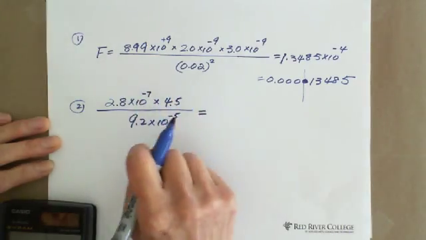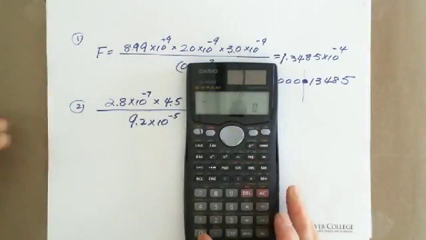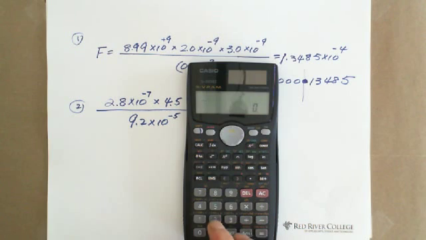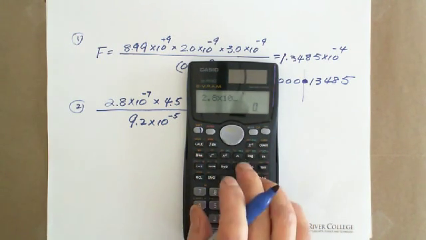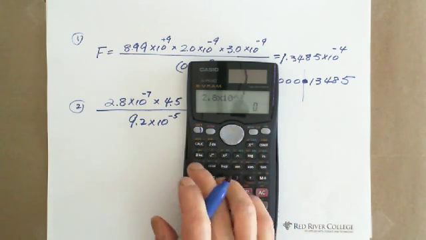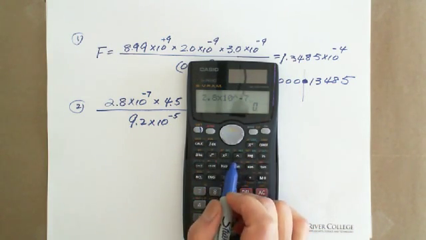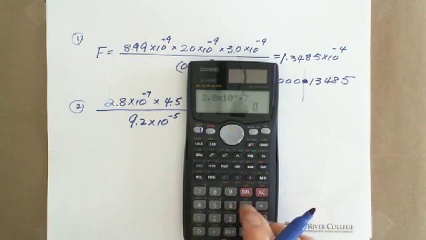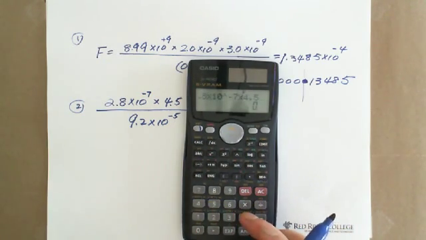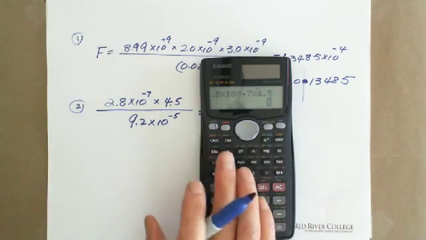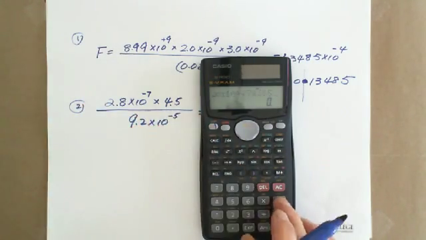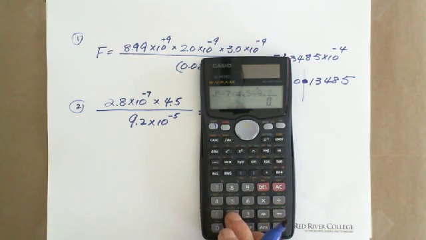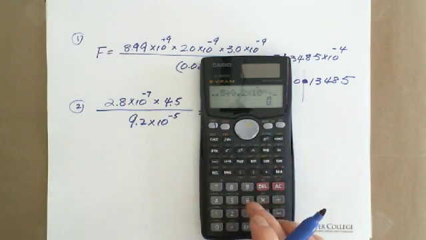You calculate this expression this way. You have 2.8 times 10 to the negative 7, using this button, and multiply 4.5, because you just enter all this, divided by 9.2 multiply 10 to exponent negative 5.